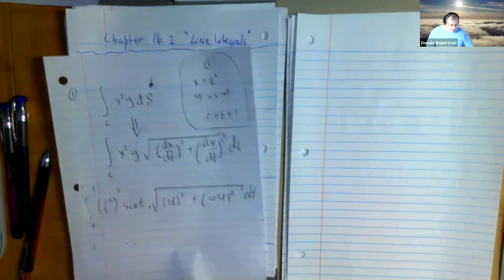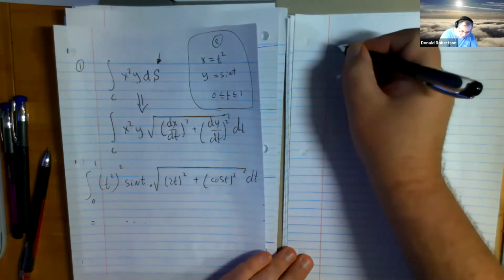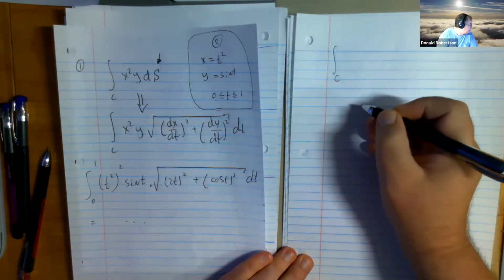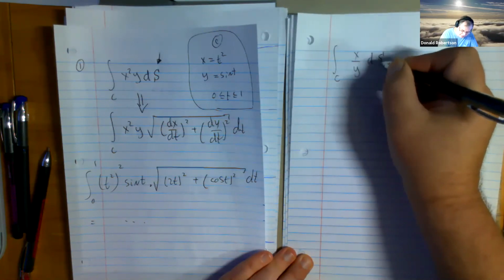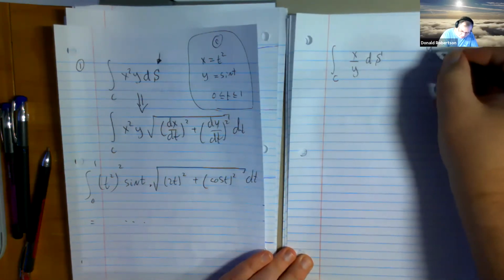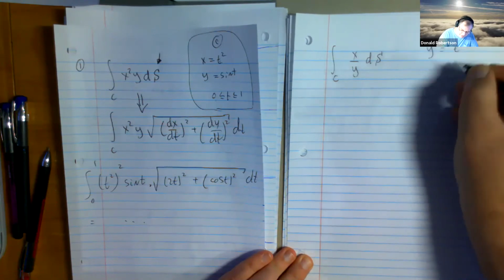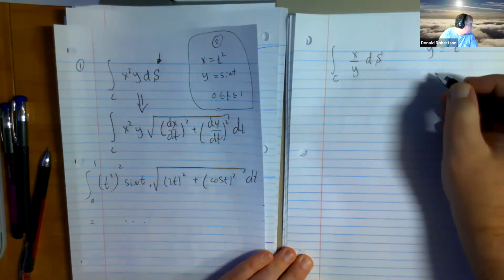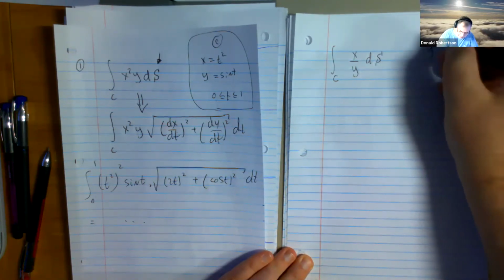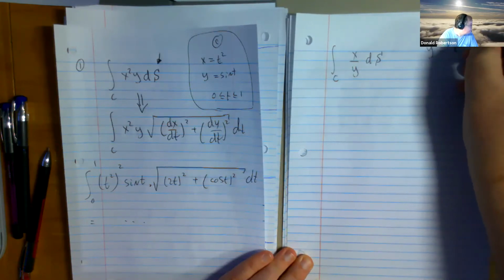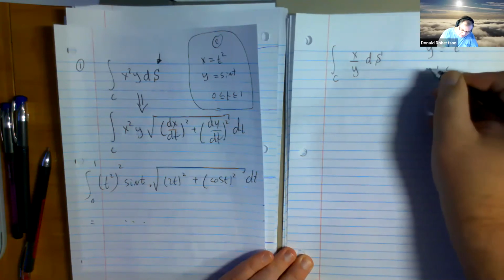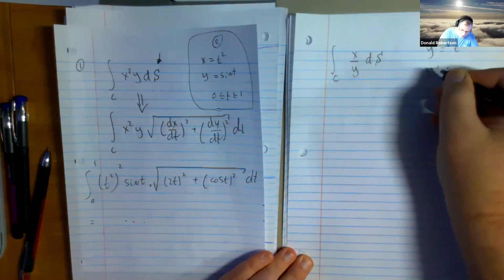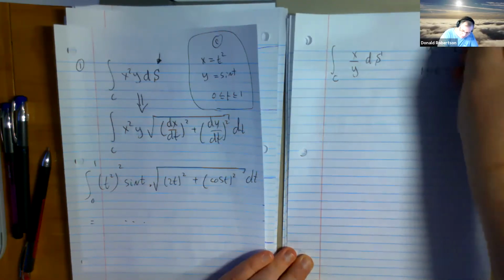So here is our first one. It's x over y ds. y is 2t to the 4. And x is equal to t cubed. And t goes from 1 to 4.